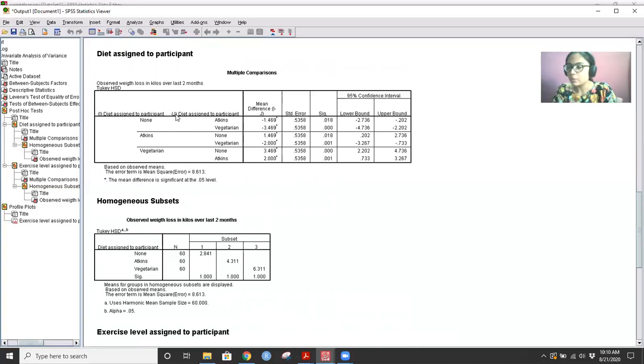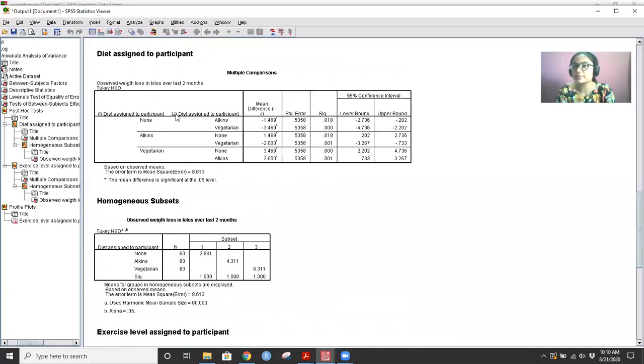Okay. So what will be the null hypothesis? For example, I'll take a null hypothesis for any two diets, say diet 1 and diet 2. So the null hypothesis would be there is no significant difference between the mean weight loss in diet 1 and diet 2, following the participants.